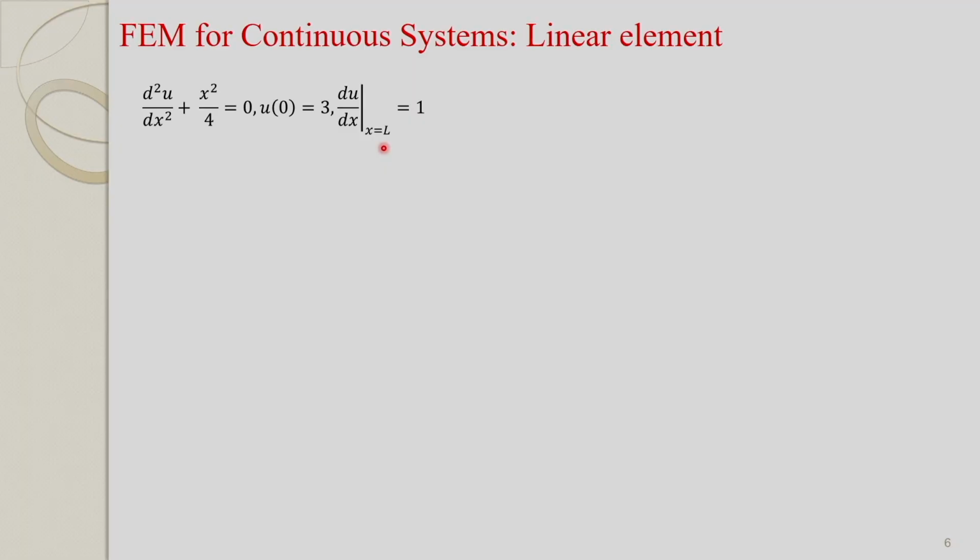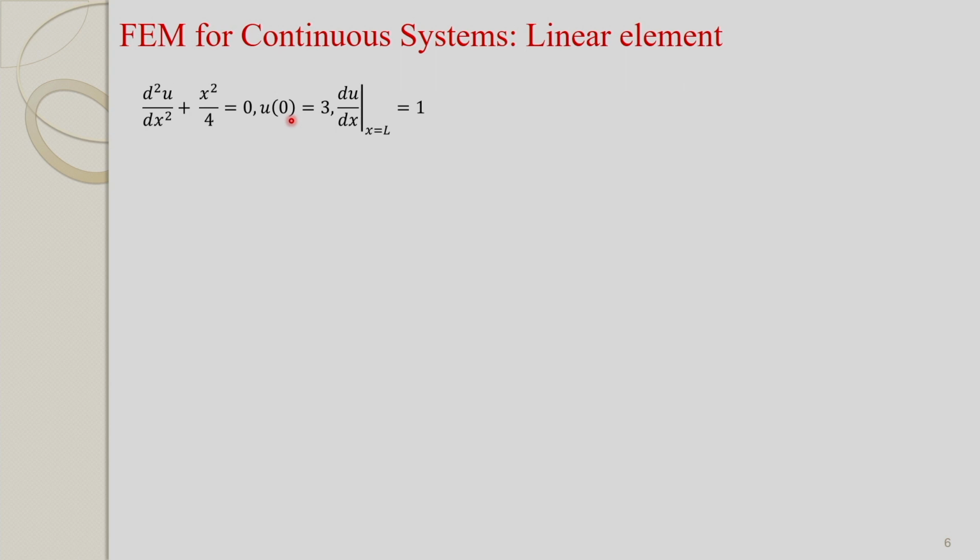Now, we apply finite element method for continuous system, where we will solve this ordinary differential equation between x equal to 0 and x equal to capital L with these two boundary conditions.